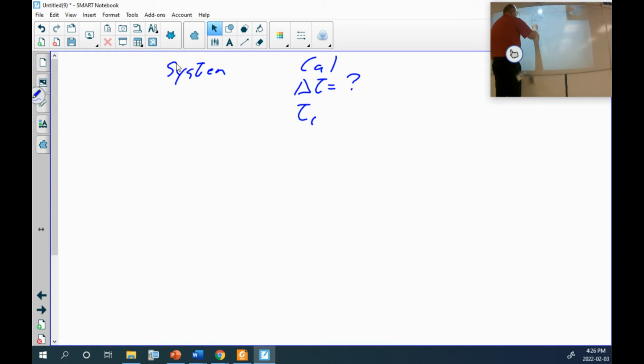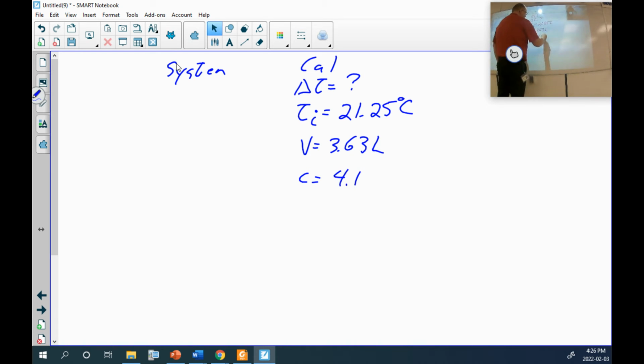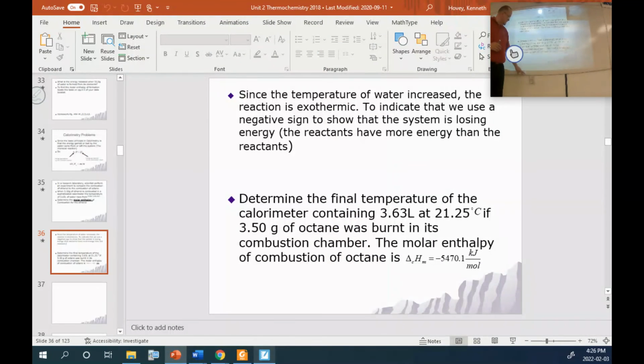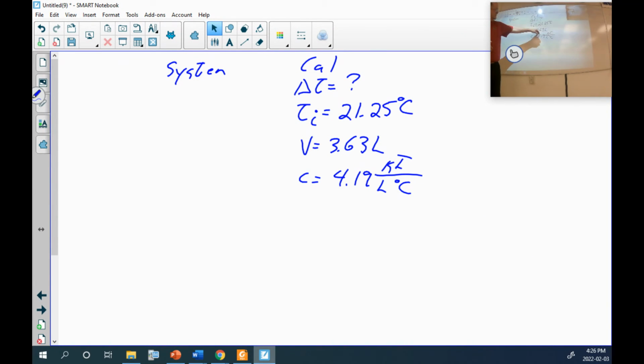We are given T initial, which I'll abbreviate T_i. I'm not going to use that until the end. We have, again, our volume is 3.63 liters. So I will use the 4.19 kilojoules per liter degrees Celsius. If you use the 4.19 joules per gram degree Celsius, you would just have to make sure that the liters get turned into grams.